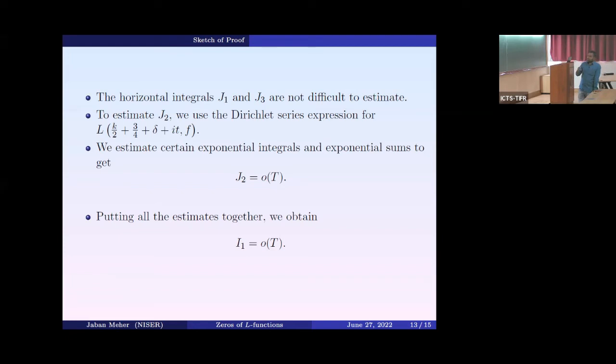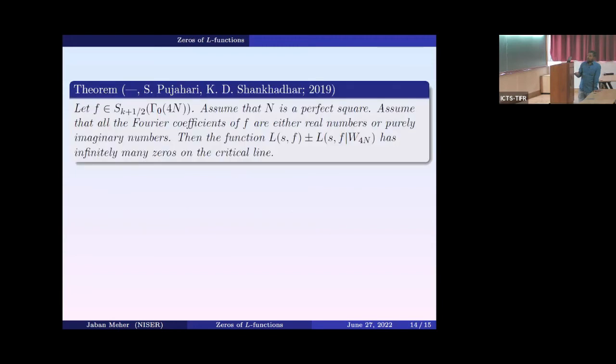The result I stated was for Gamma_0(4). So what about higher level? Modular forms of half-integral weight can be defined for 4N, where N is any integer. The result I stated was when N is 1. Now we improve the result and generalize it to Gamma_0(4N), where N is a perfect square.